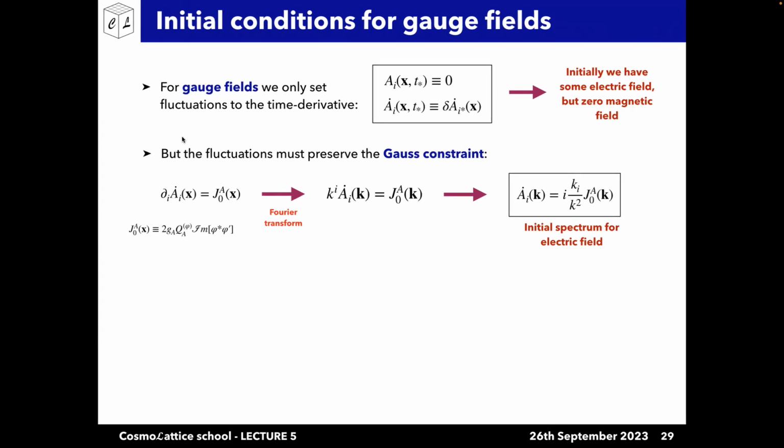So we take the Gauss constraint, apply a Fourier transformation, and after being Fourier transformed, it can be written this way. Then we isolate a dot i, the time derivative of a i, and we can use this expression to impose the initial spectrum for the electric field.